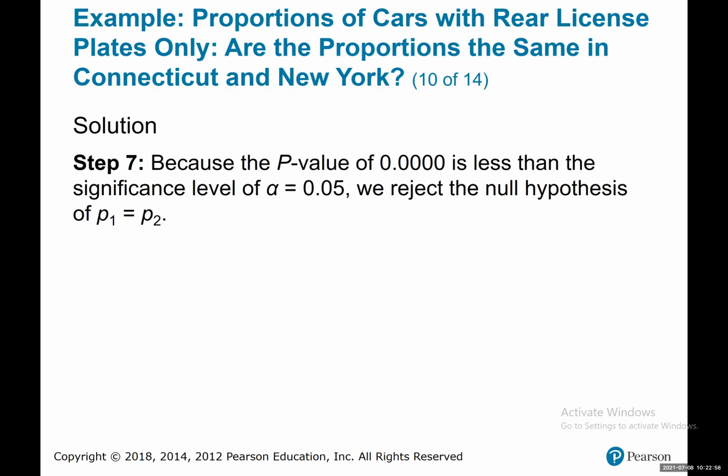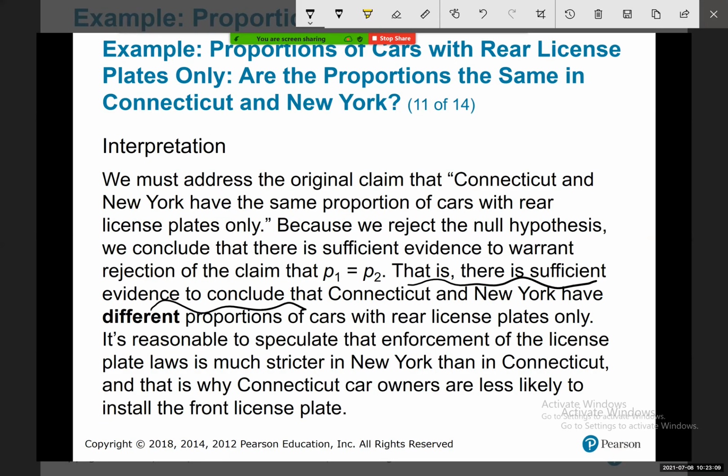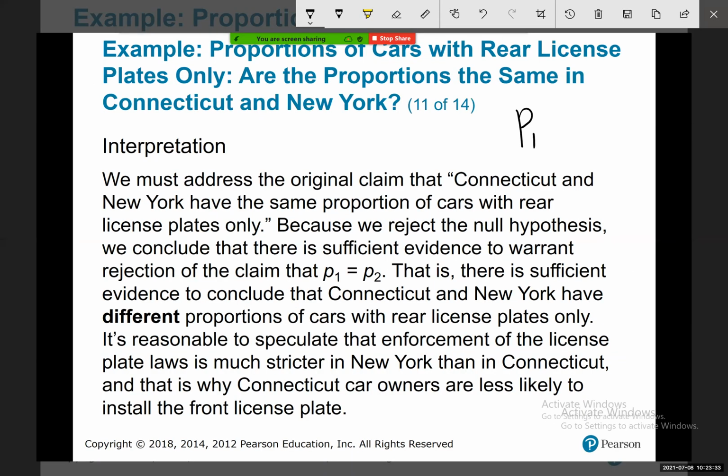Almost zero, the way we did. And then here we go. So there is sufficient evidence to conclude that they have different proportions of cars with license plates only, or the proportion of illegal cars are different. Again, because we are rejecting the null and we are supporting the alternative, and alternative was that the two are different. So you are supporting that.